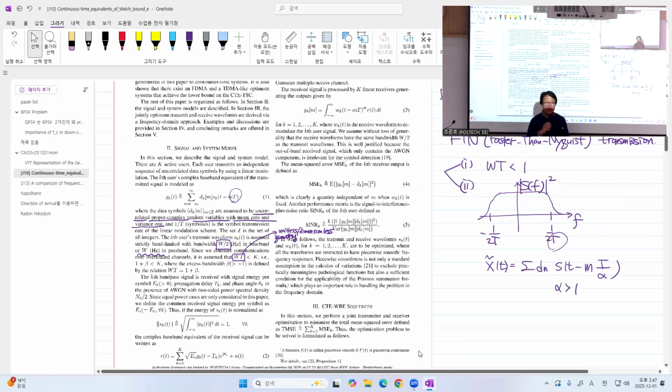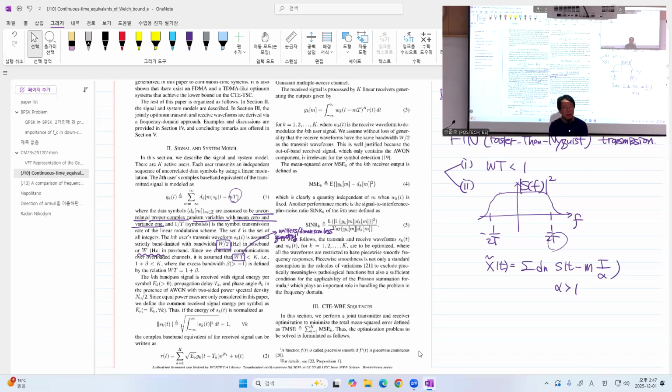So you need an optimality criterion. Suppose we want to minimize the ISI power in our received signal. What does that mean? We may maximize the signal to interference plus noise ratio, or we may minimize the mean squared error in our estimation. Got it?